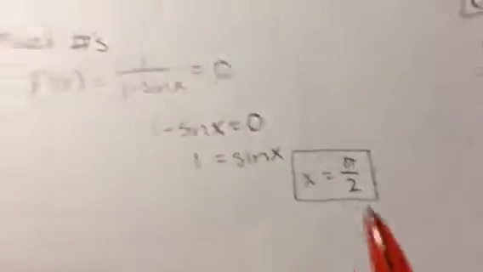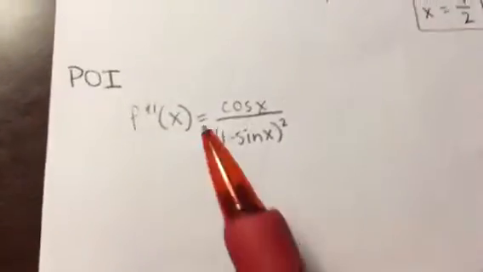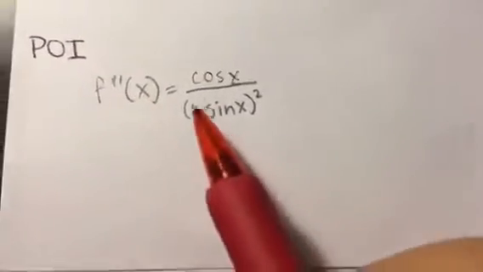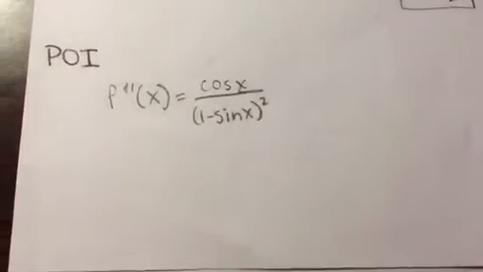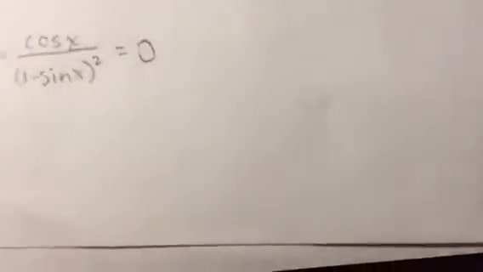From here, after finding the critical numbers, we move on to point of inflection, which we use the second derivative for. So this is the second derivative equation that we have, and then we set that equal to 0. And then from here, we set the numerator equal to 0, and then the denominator equal to 0.